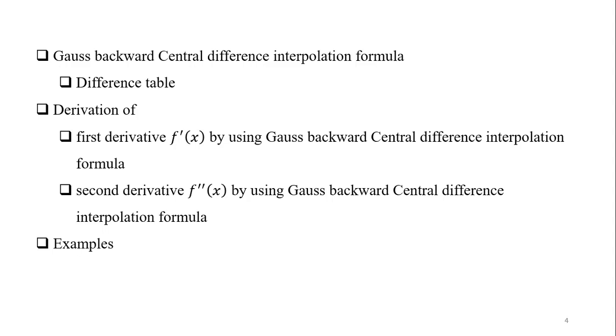Then in next stage we will try to develop an expression for the first order derivative for the Gauss's backward central difference approximation, and then the second order derivative, and at the end we will use these formulas to find the rate of change of a given data. So we will see that in an example.